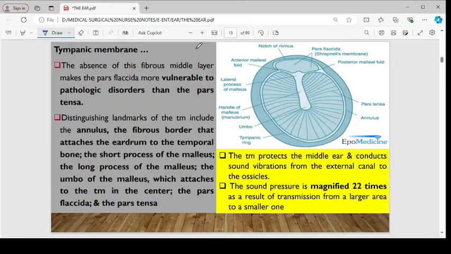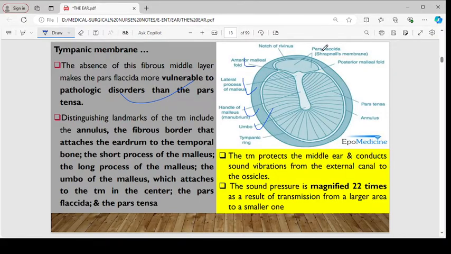So, the absence of the fibrous layer in the pars flaccida makes it more vulnerable to pathological disorders than the pars tensa. Equally, the tympanic membrane has distinguishing landmarks, like the umbo, the handle of the malleus, the manubrium, the lateral process of the manubrium, and the anterior malleal fold.